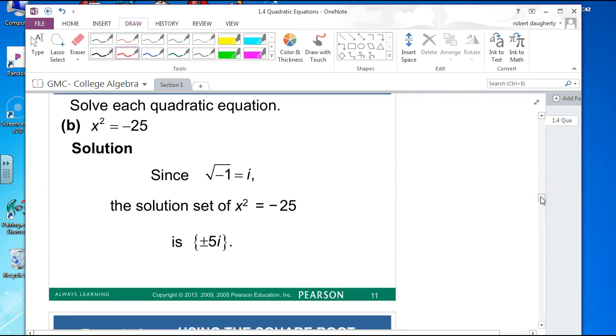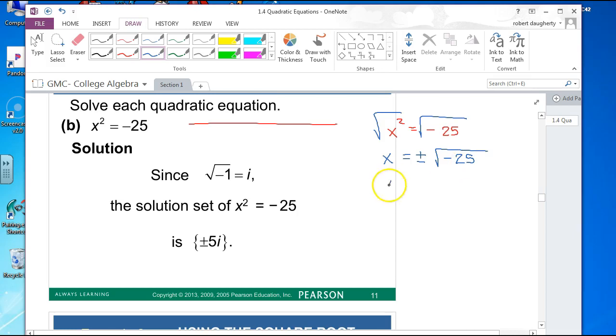Solving this equation, x squared equals negative 25. I take the square root of both sides, so I get x equals plus or minus the square root of negative 25.